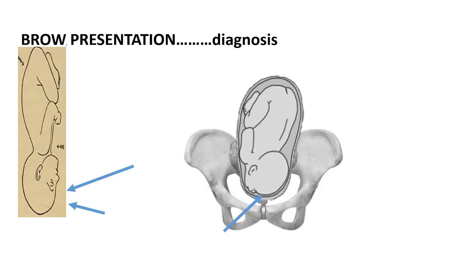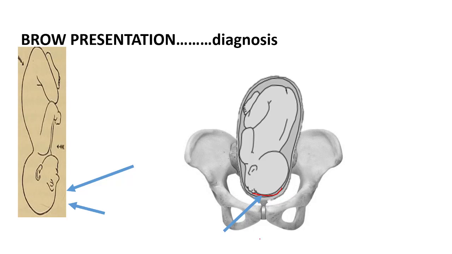Now how will you diagnose brow presentation? You can diagnose it on ultrasound and on per vaginal examination during labor. On per vaginal examination, as we know, in brow presentation the forehead is the presenting part, so this area will first overlie the maternal pelvic inlet.